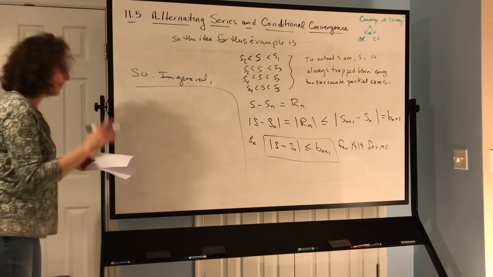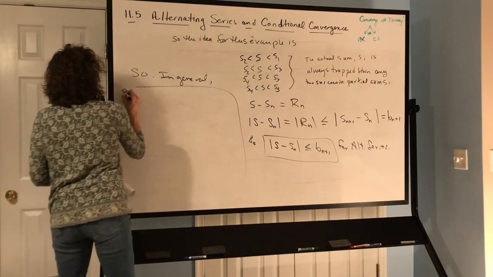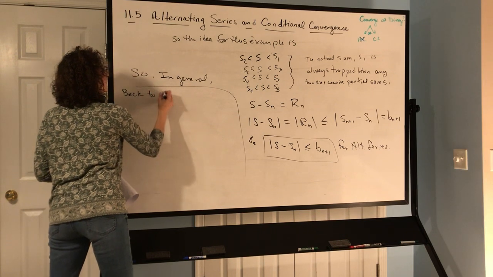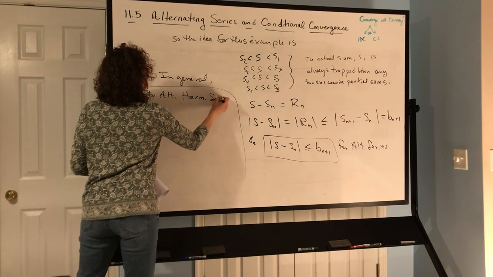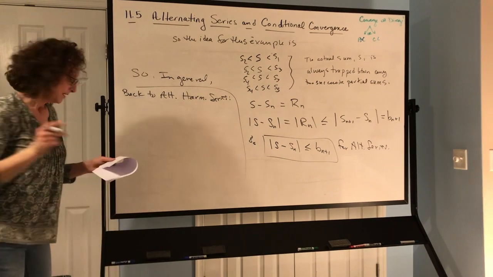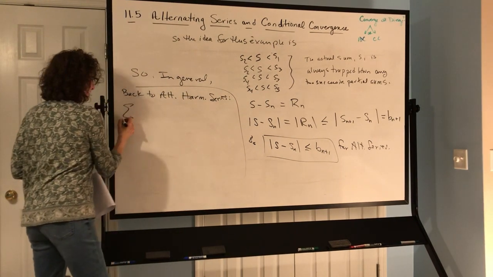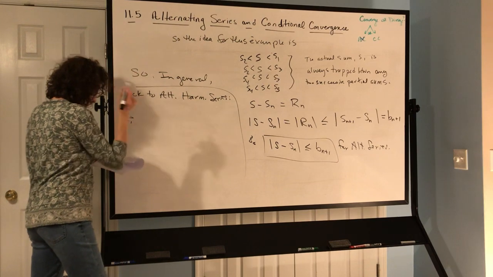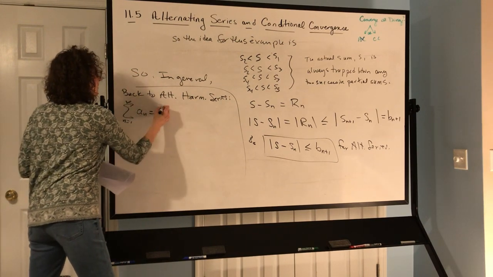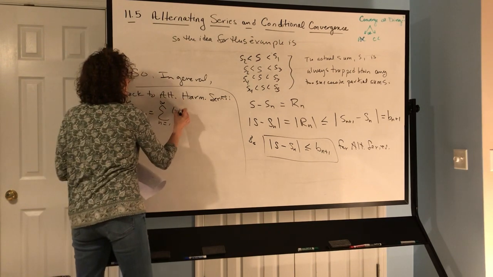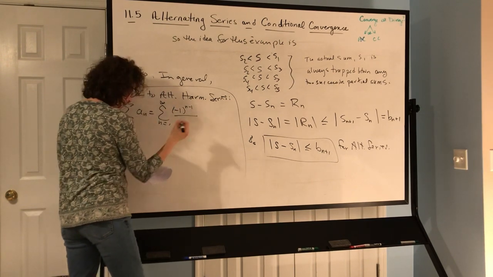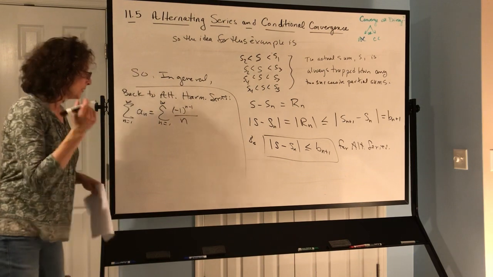Okay, so let's go back to our alternating harmonic series. What was it? It was the sum, n equals 1 to infinity, of a sub n, which is minus 1 to the n minus 1 over n, right? So what are our bn's?